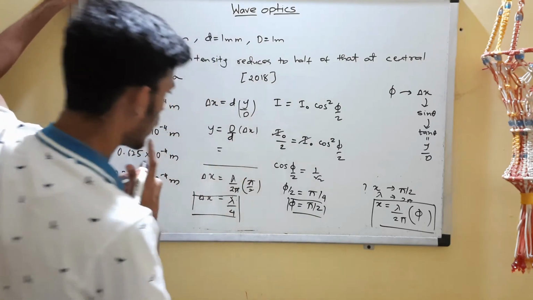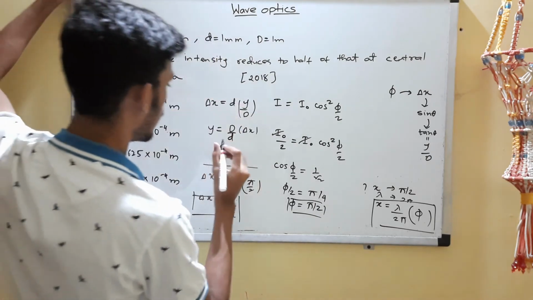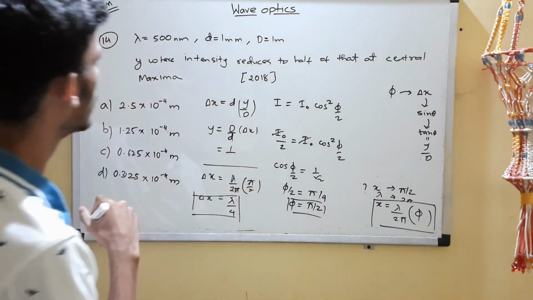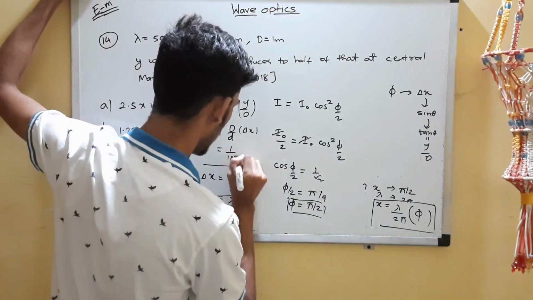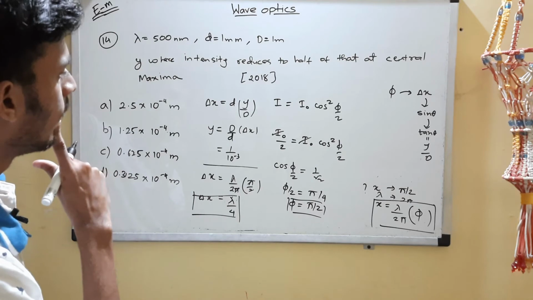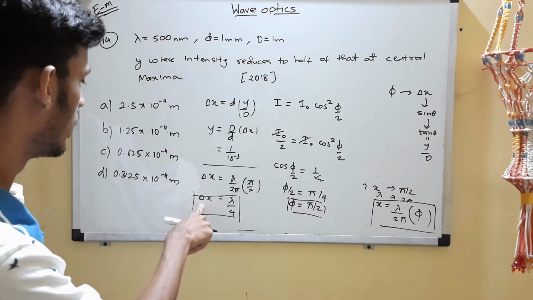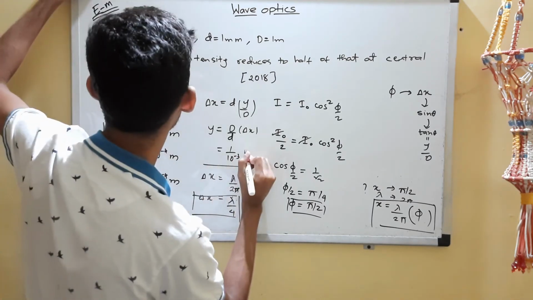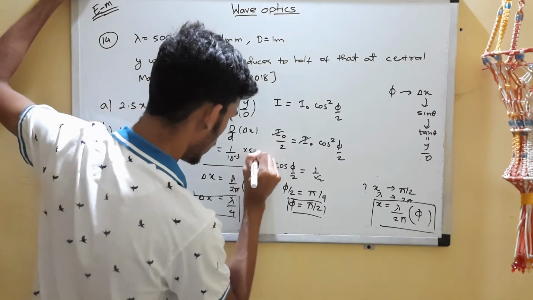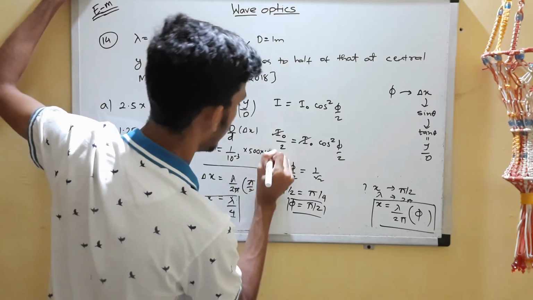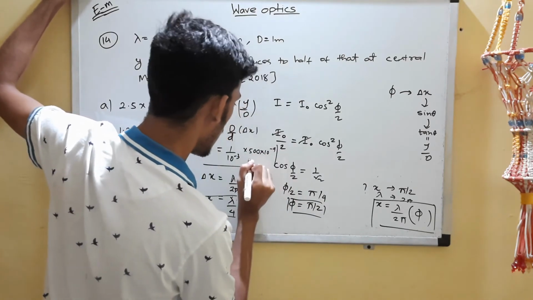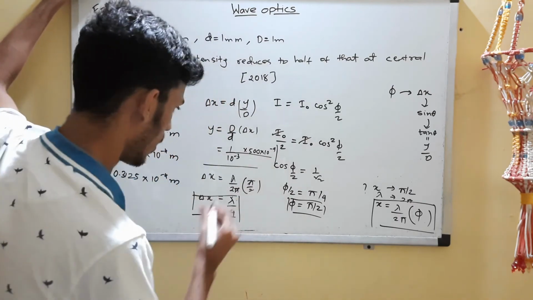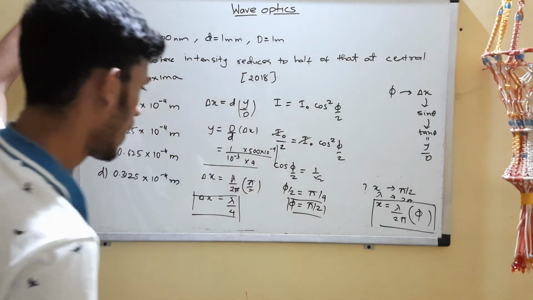Capital D we have as 1 meter, small d is 1 millimeter, that is 10 to the power minus 3. Now delta x is lambda by 4. So lambda is 500 into 10 to the power minus 9, it's in nanometers, and lambda by 4, right?